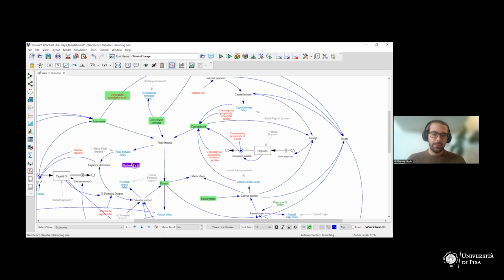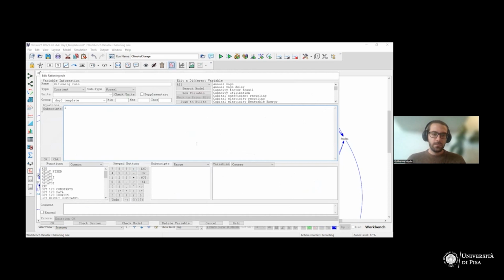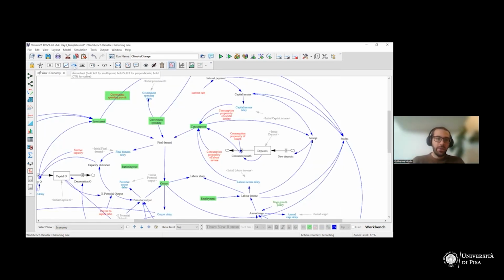Find it here, right? And then we can connect it with the variables before using it. So why am I using the delayed values of final demand and potential output? Because I want the rationing rule to affect government spending, investment, and consumption.